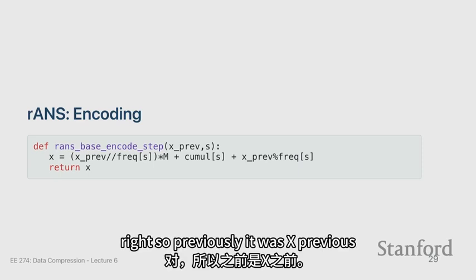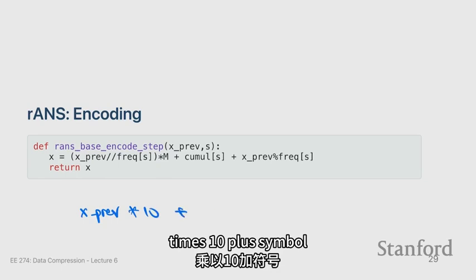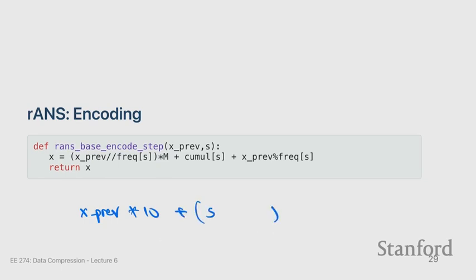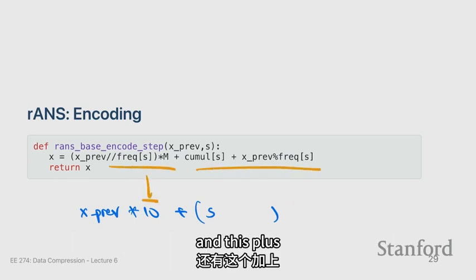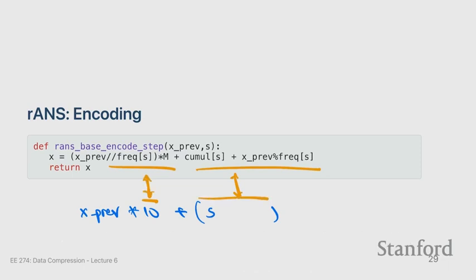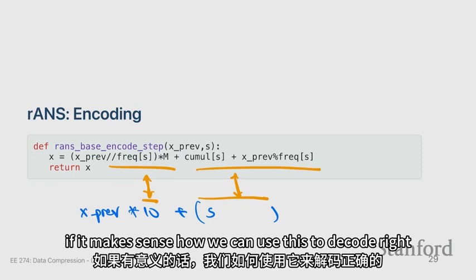Previously it was X previous times 10 plus symbol. Now this 10 part is being replaced by something like this, and this plus symbol part has been replaced by something like this.